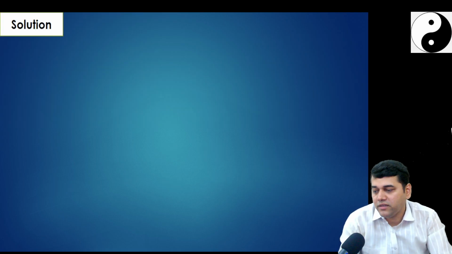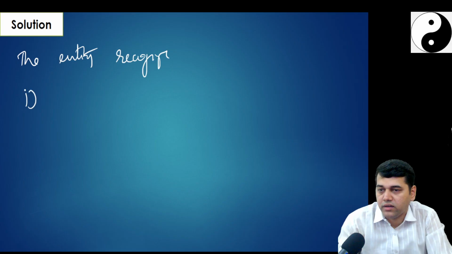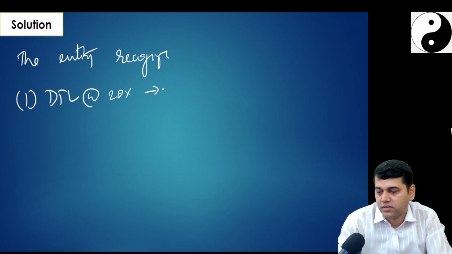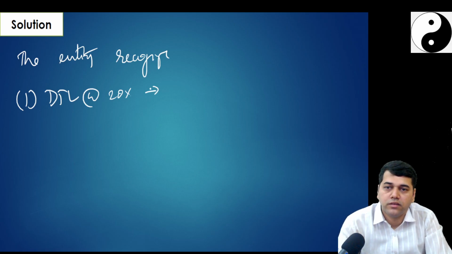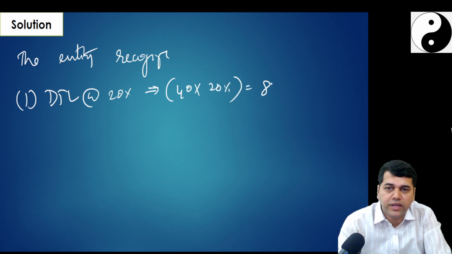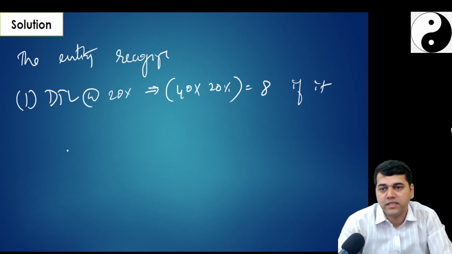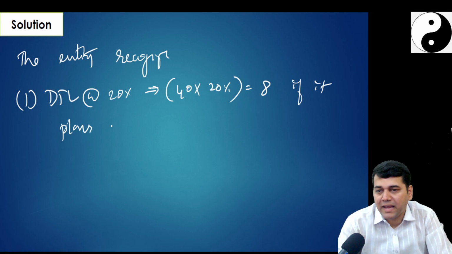So it's a theory. The entity recognizes DTL at 20%, which is 40 into 20%, equal to 8. Deferred tax liability at 20% is rupees 8, if it plans to sell.